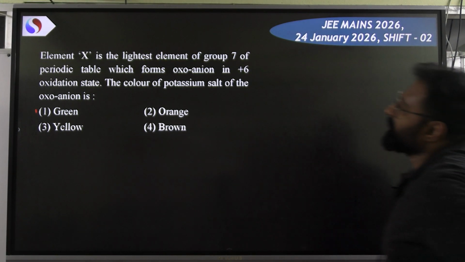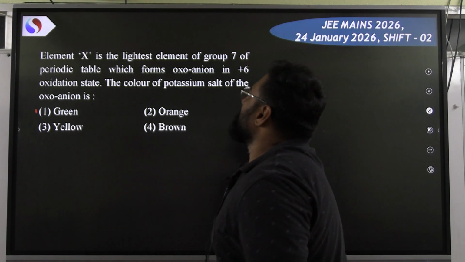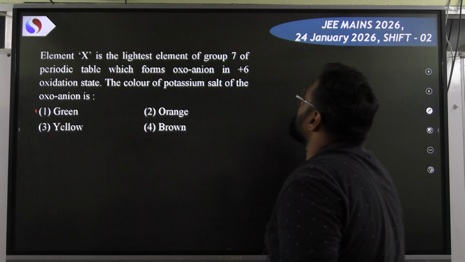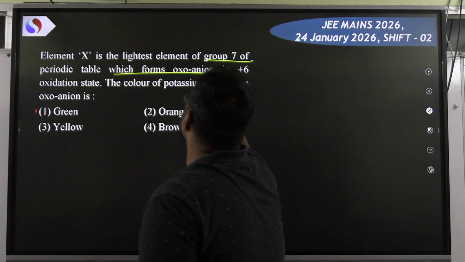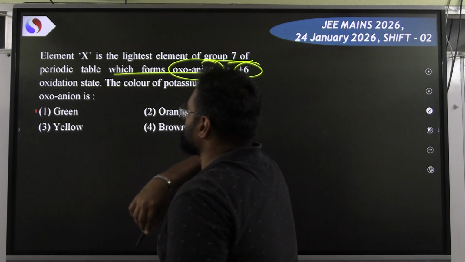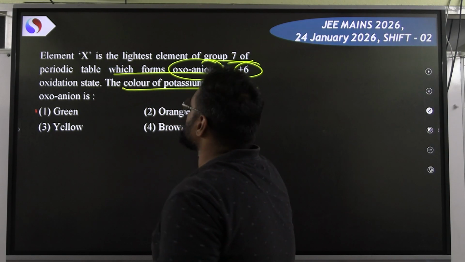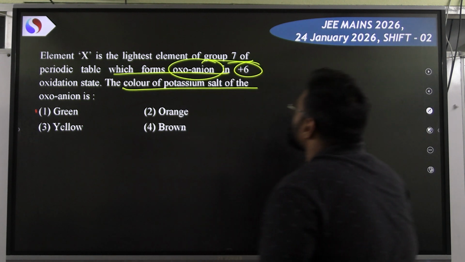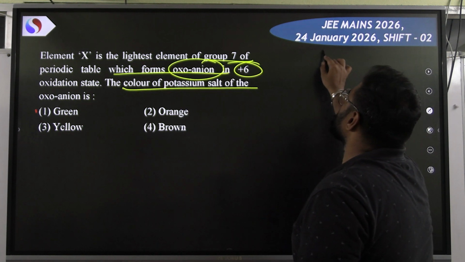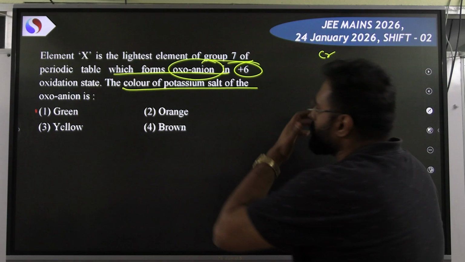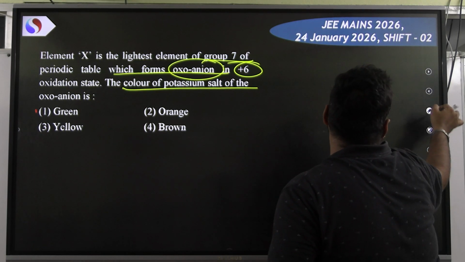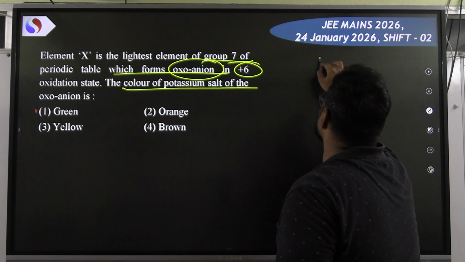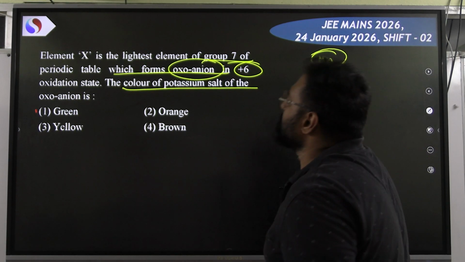Next. X element is the lightest element of group 7 of the periodic table, which forms oxoanion in +6 oxidation state. What is the color of the potassium salt of the oxyanion? Group 7 means the manganese group.